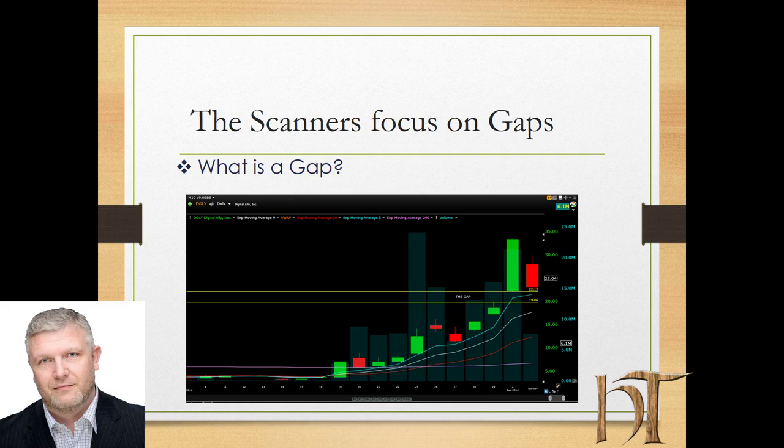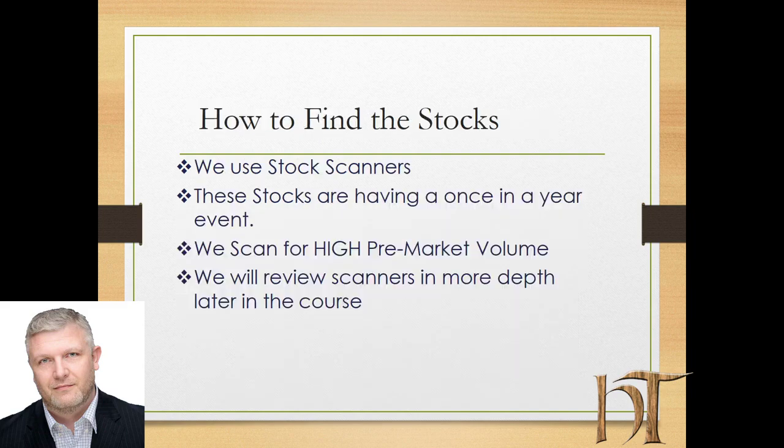So to find these stocks, this small handful of stocks each day, I use stock scanners. I use Benzinga. I keep telling everybody about Benzinga. I look primarily for gappers, and then I look for the momentum.